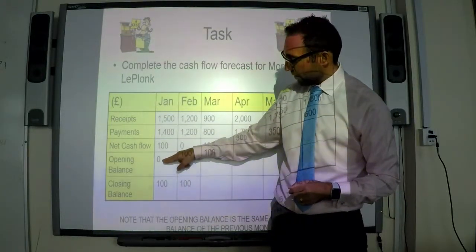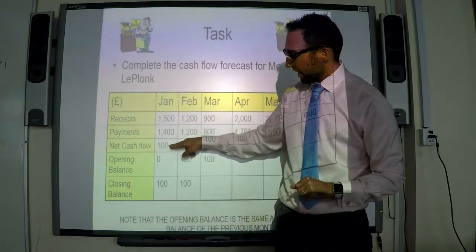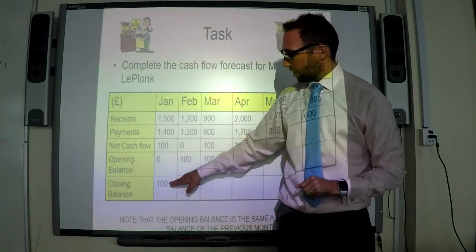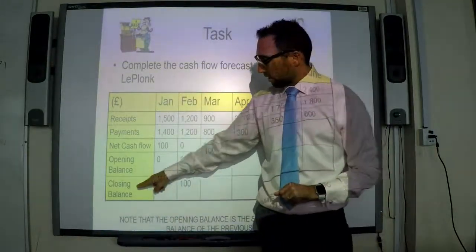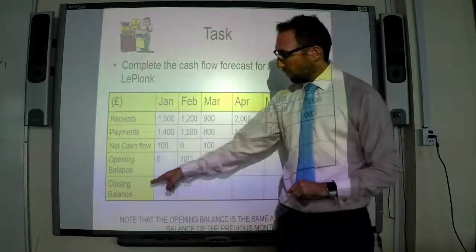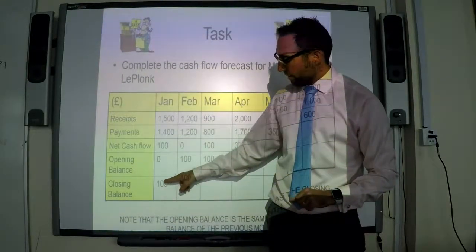So we started January on the 1st with nothing. Throughout January we had £100 net cash flow, so we add them together, which gives the closing balance on the last day of January. Remember, the closing balance is what you have in the bank account on the 31st of Jan, the very last day of the month. We have £100.